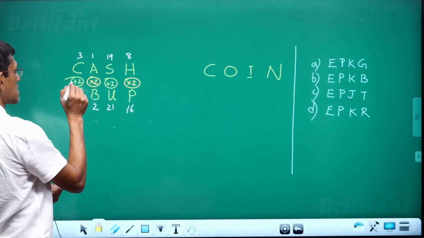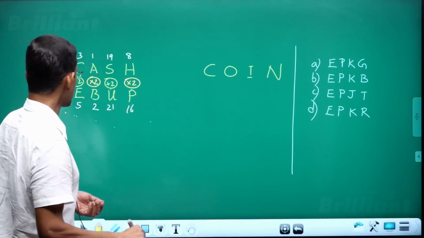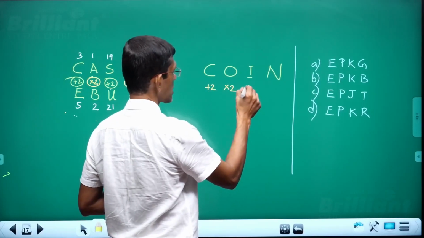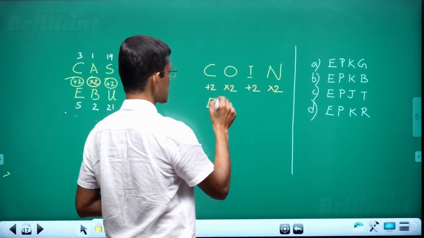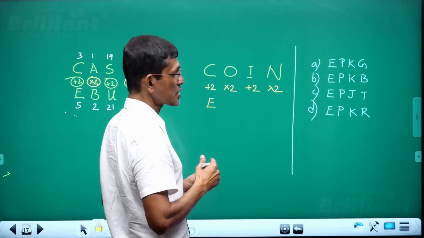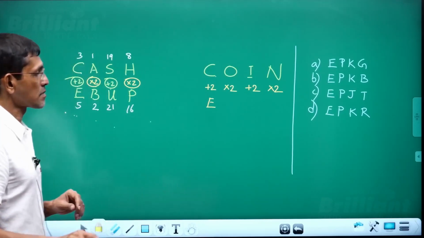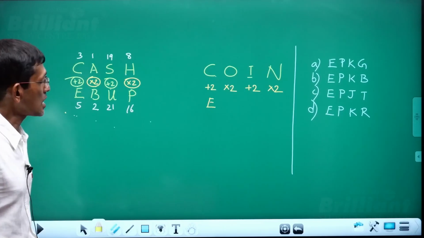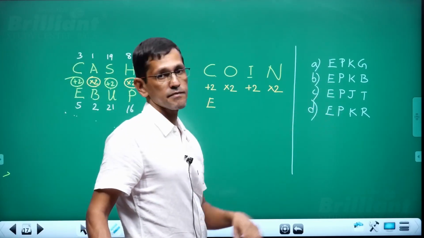So it's a pattern: plus 2, into 2, plus 2, into 2. If you apply the same pattern on the right-hand side: plus 2, into 2, plus 2, into 2. So C plus 2 is E. O into 2. O is 15. 15 into 2, how much is that? 15 plus 2 is what? 17, right? So here we have all the answer choices EP, EP, EP.